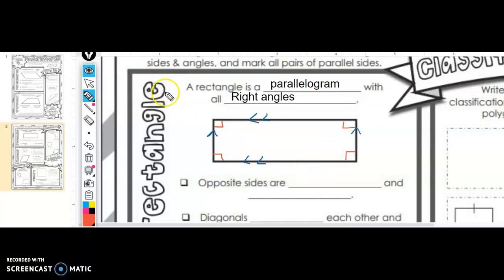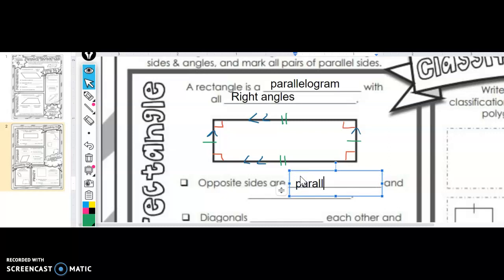Not only are these sides parallel, they are also congruent. These green marks mean that those two sides are equal to each other, and this mark on the left and the right means they are congruent as well. So opposite sides are parallel and congruent, and that's really coming from the property of the parallelogram.